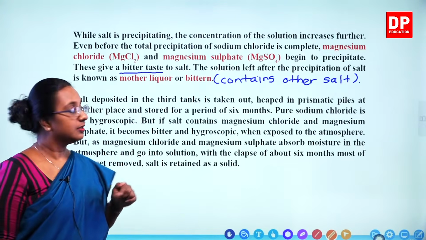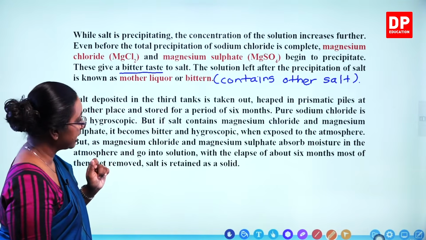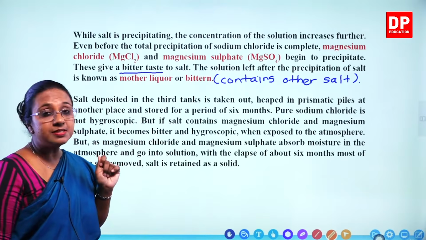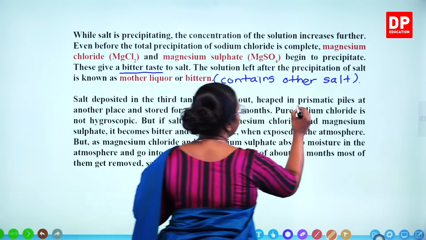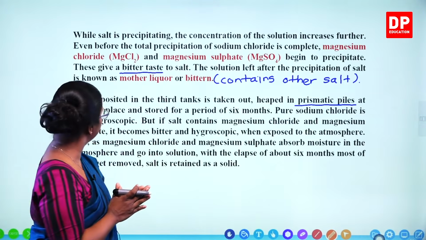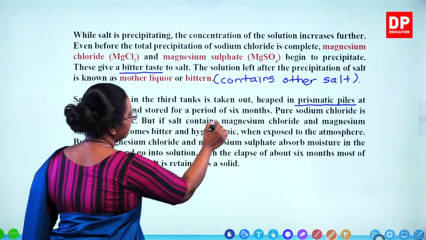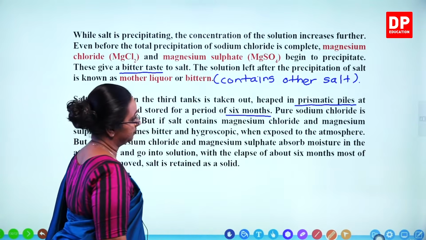So here, salt deposited in the third tank is taken out, heaped in prismatic piles, what I explained as the pyramid-shaped piles, at another place and stored for a period of 6 months.